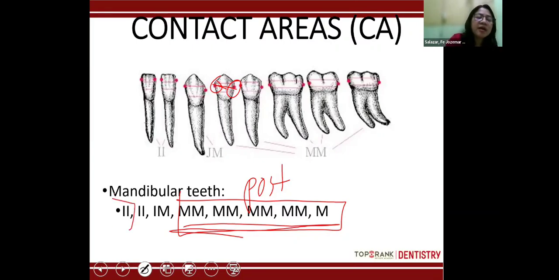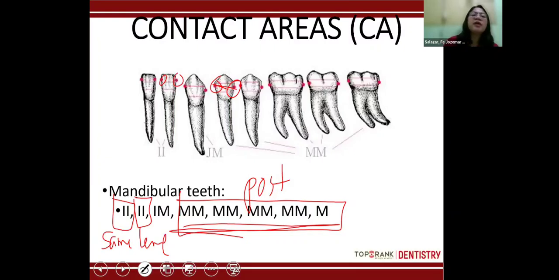Yes, only these are at the same level. Even if both are incisals, they are not at the same level. Again, the distal is more cervical than the mesial contact area.